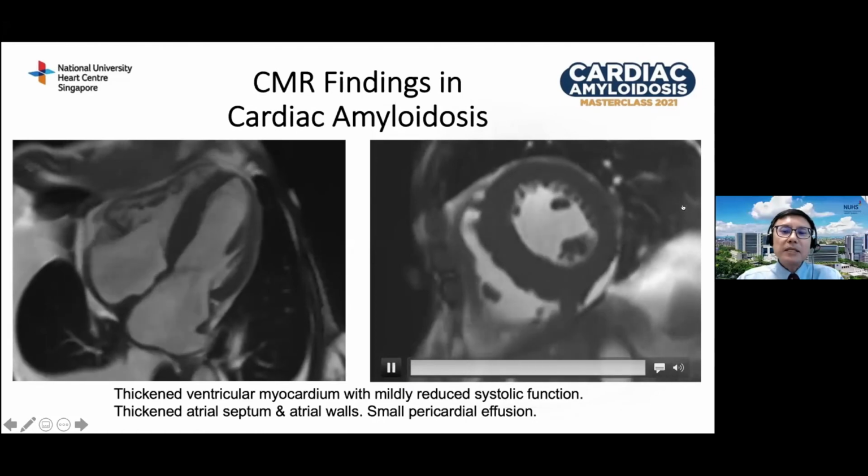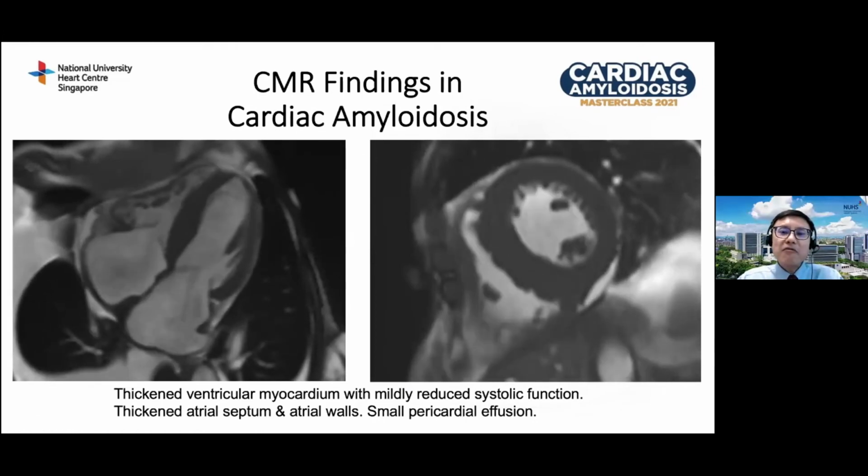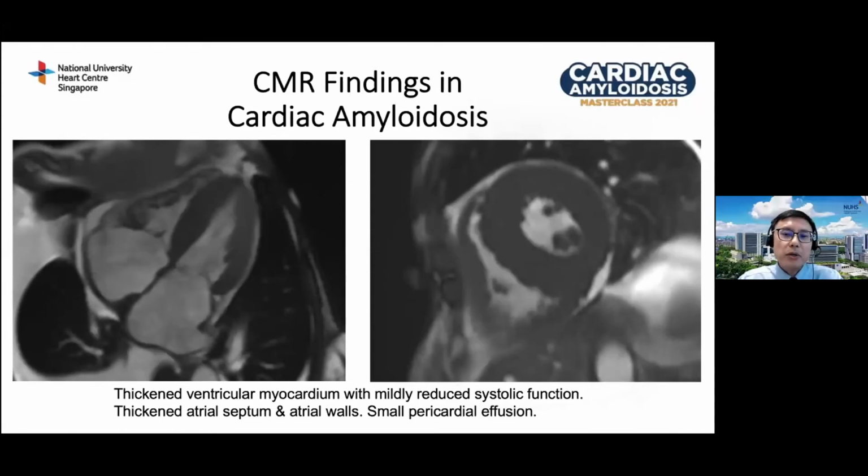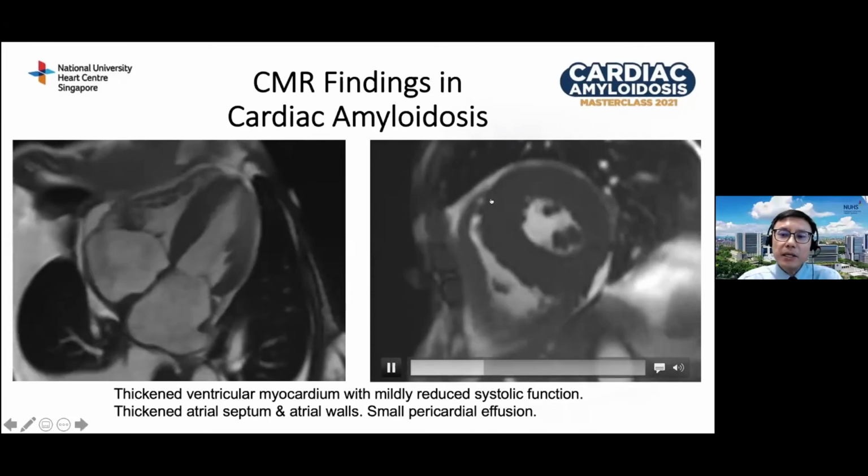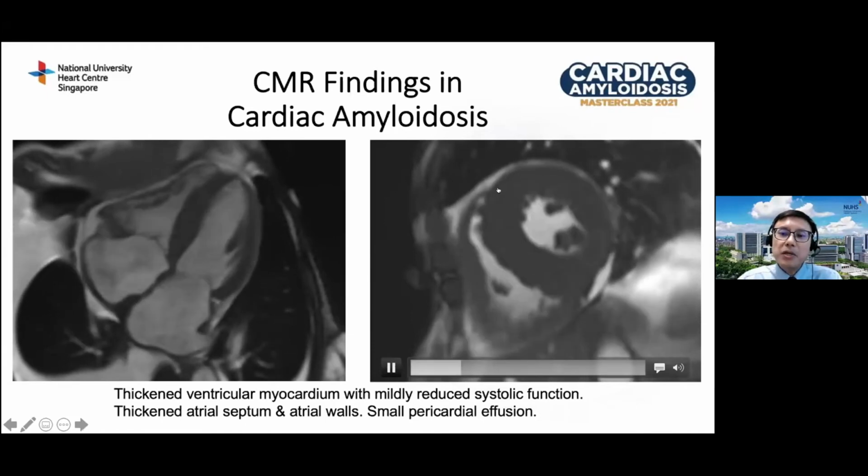Okay, now let's show some pictures of CMR findings in cardiac amyloidosis, and as already pointed out by Dr. Tan in the echocardiogram section of this series, you can see that the myocardium is thickened, and typically we see that in cardiac amyloidosis there is concentric hypertrophy of the left ventricle, right?